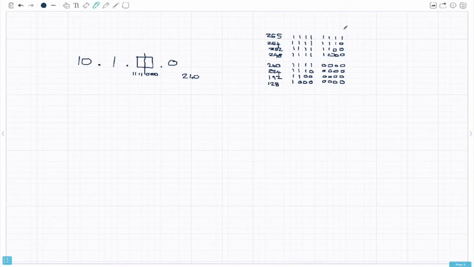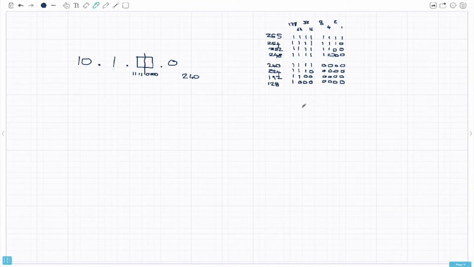Now remember, that's the bit for 1. That's the bit for 2. That's the bit for 4. That's the bit for 8. That's the bit for 16. That's the bit for 32. That's the bit for 64. And that's the bit for 128. So when you want to work out what 11110000 is, it's going to be 128 plus 64 plus 32 plus 16, 240.